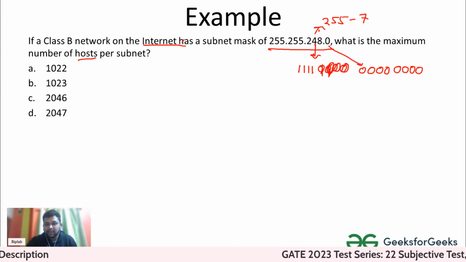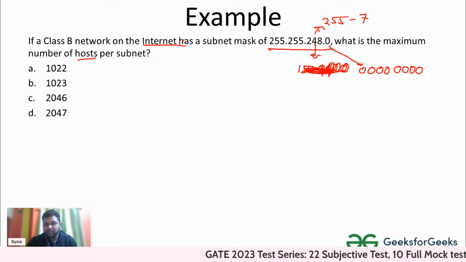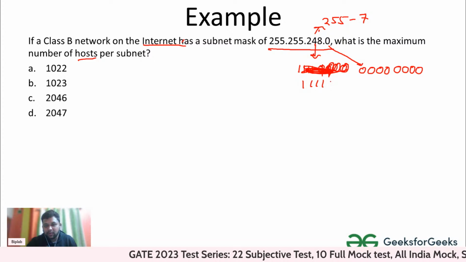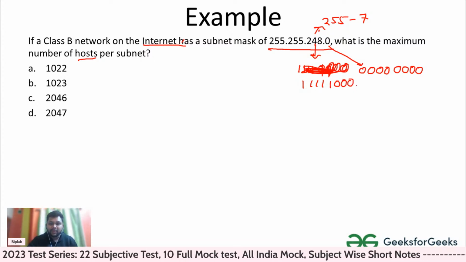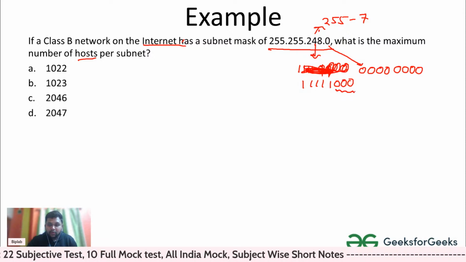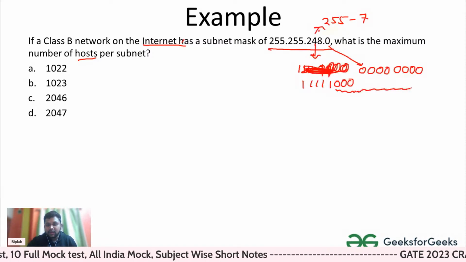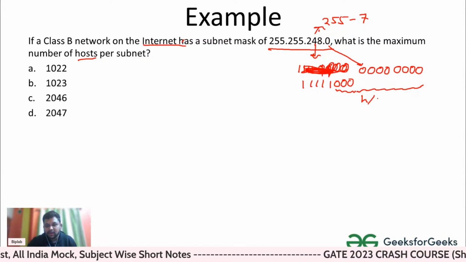That is 11111000. Here all are zeros in the last octet. Now you know the bits that are zeros represent the host ID.